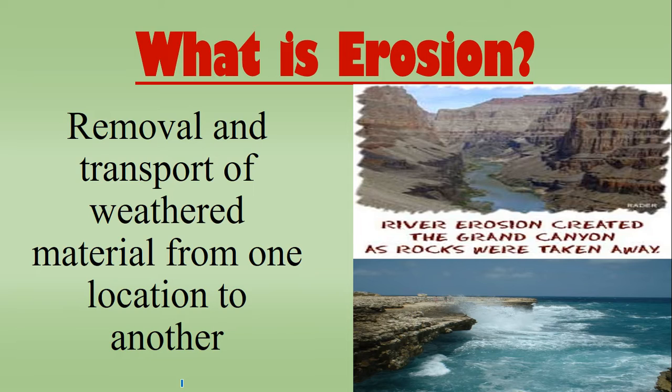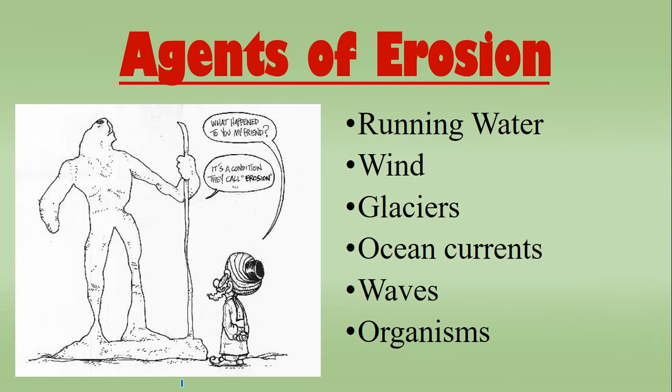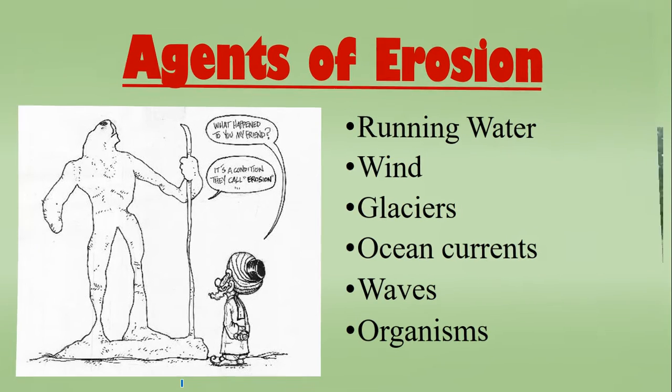So weathering is the breaking down of the rocks, while erosion is the moving of the particles. Some agents of erosion are running water, wind, glaciers, ocean currents, waves, and even organisms.